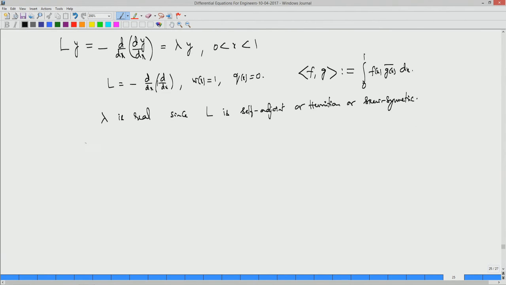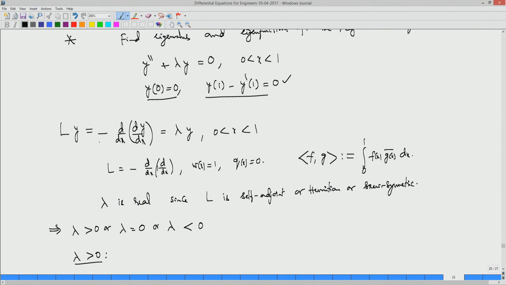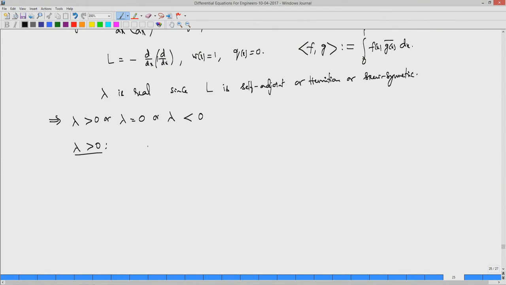Now you can look at all the different cases: lambda is either positive, lambda equal to 0, or lambda less than 0. So start with lambda positive. If lambda is positive, we have y'' plus lambda y equal to 0. Lambda positive means lambda equal to mu squared, with mu positive.